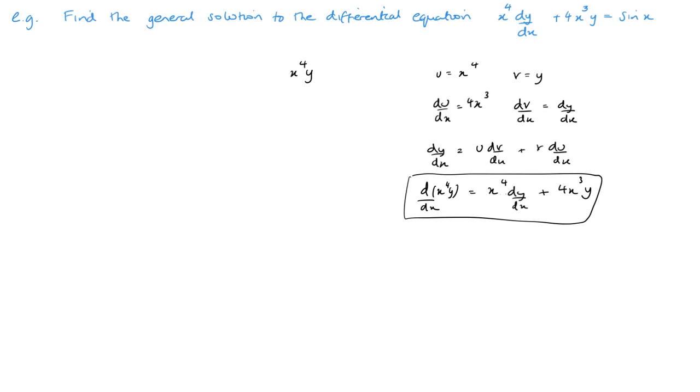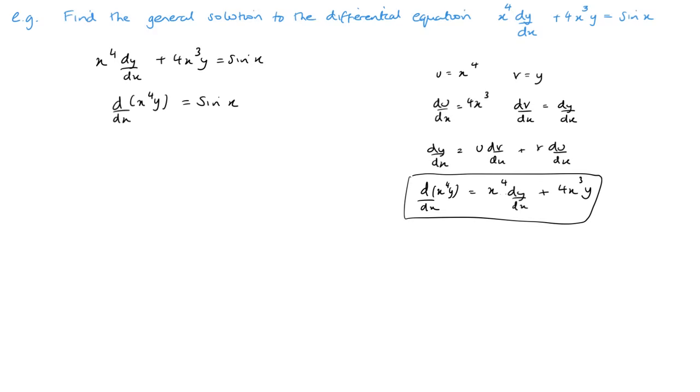That's where we start our thinking in the introduction to this. I'll write my equation down here, and now I can replace this left side with d by dx of x to the power 4y.